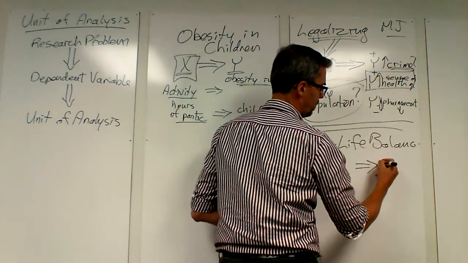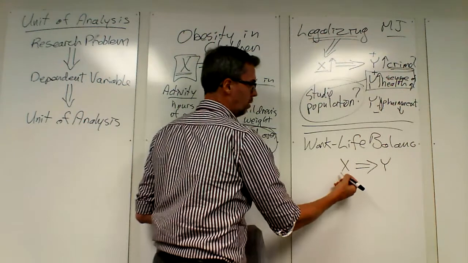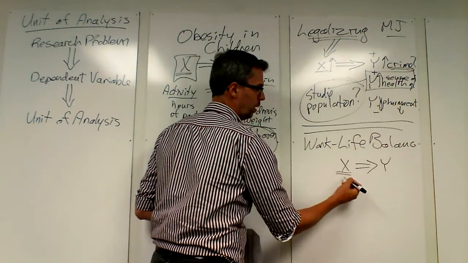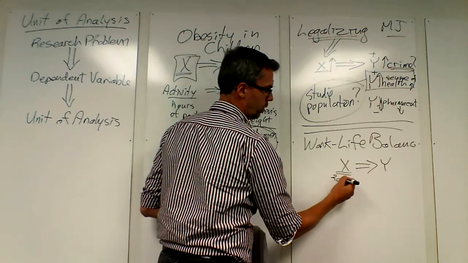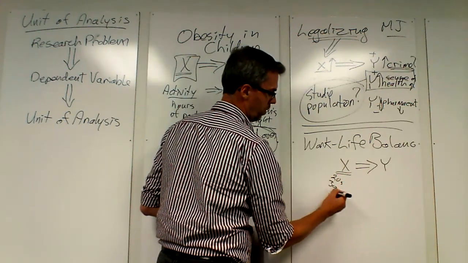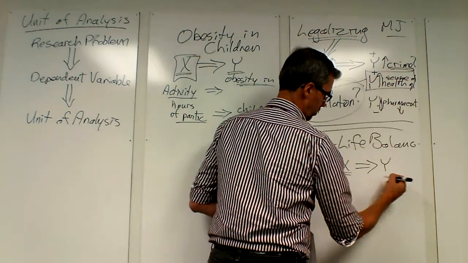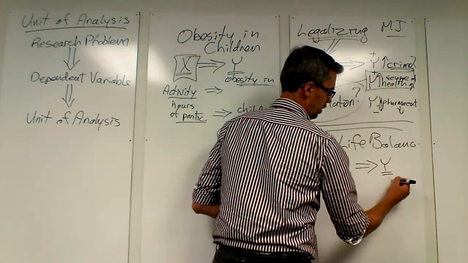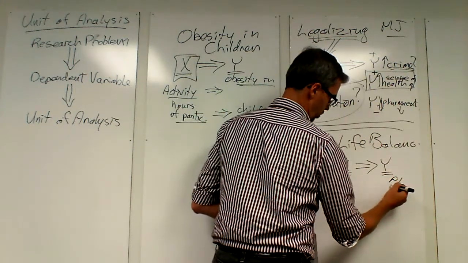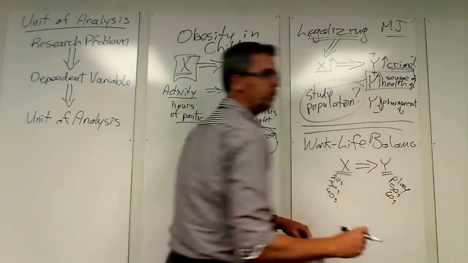Are we looking at, for X causes Y, does more time at work in your 20s, 30s, and 40s translate to more time at play in your 50s, 60s, when you've still got good health?